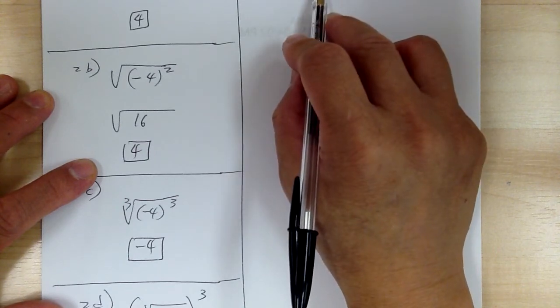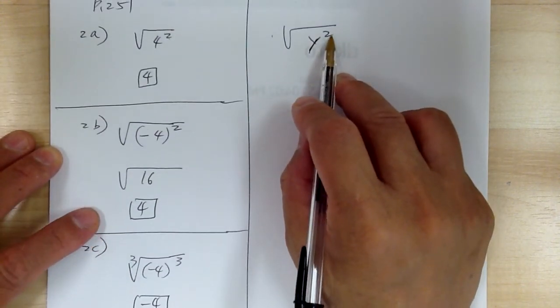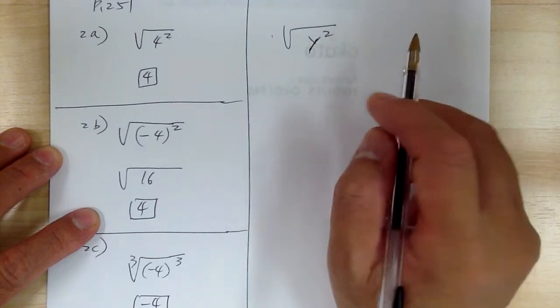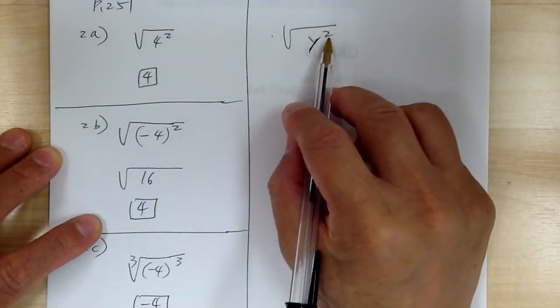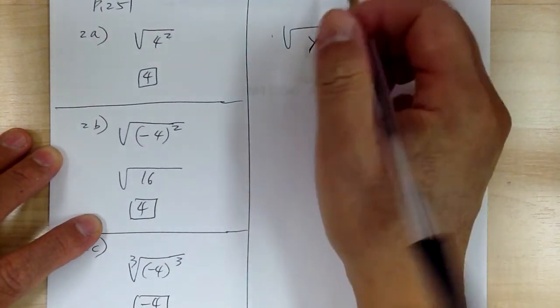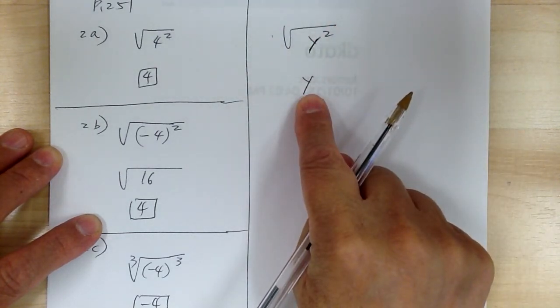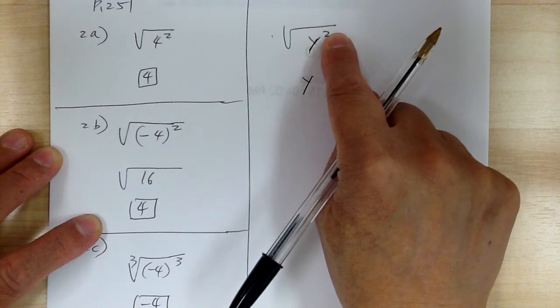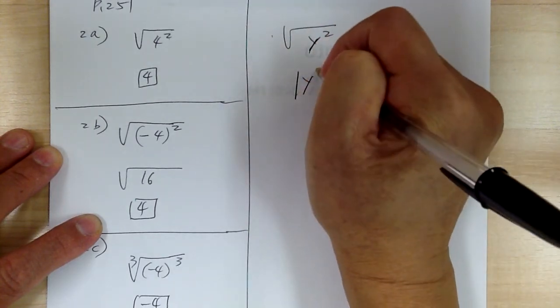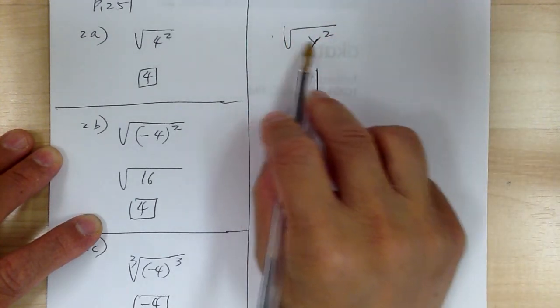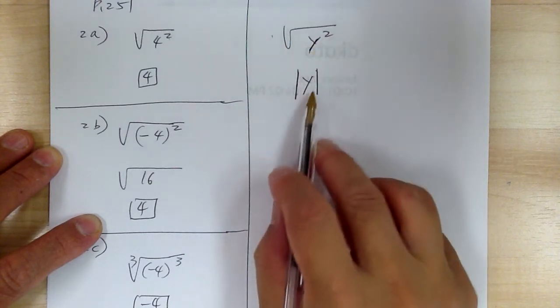When you have an even exponent, it's always going to be positive. So therefore the answer would not be just y, because y can be positive or negative, right? Remember, when you have square, it will always be positive. To ensure that, you need to have absolute value. So when you have square root of something squared, you have to have absolute value.